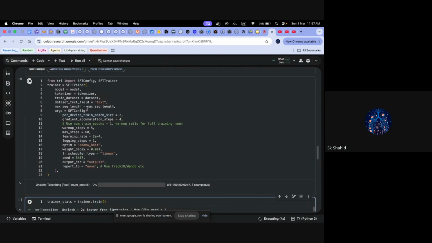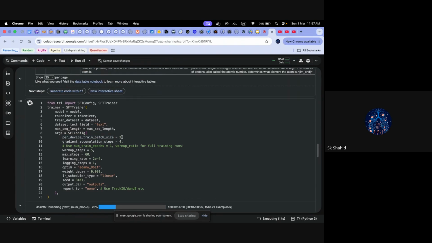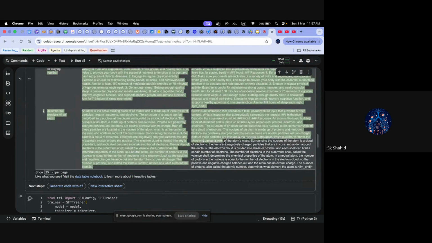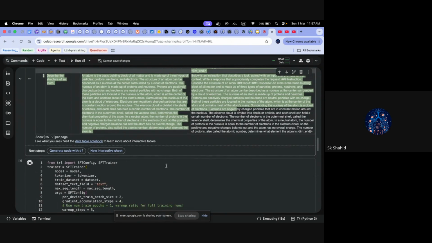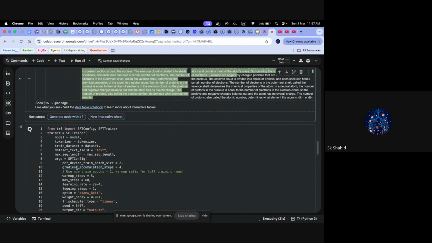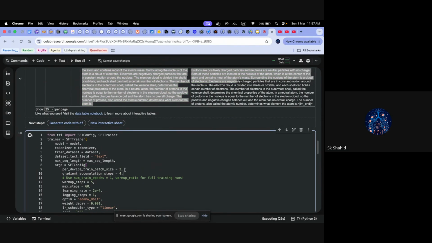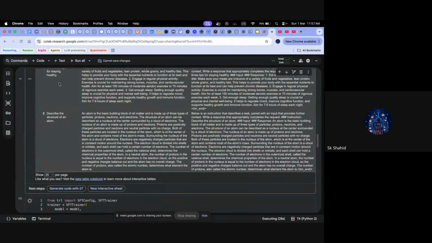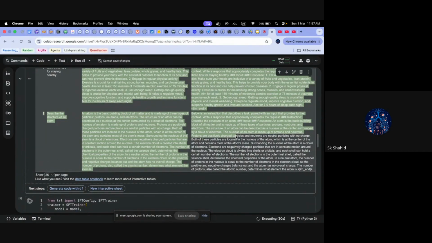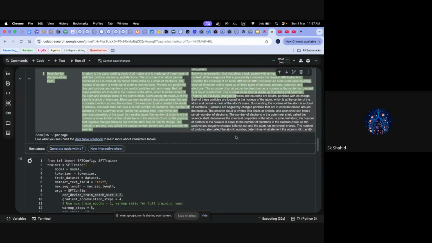Okay, so per device train batch size is giving you how many examples I should take when doing the calculation. So it will take 2 examples while doing a forward calculation. It will take these 2 examples and calculate the weights itself. And then it says gradient accumulation steps is 4. So I will do this same procedure 4 times. The first time, I'll just do this and calculate the updated weight, and I'll save it in my memory.